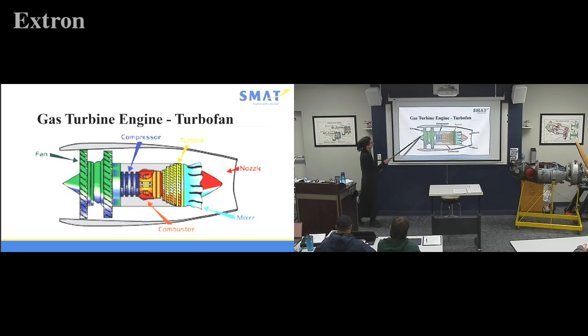A turbofan is that fan, and some of the fan air bypasses the core of the engine.